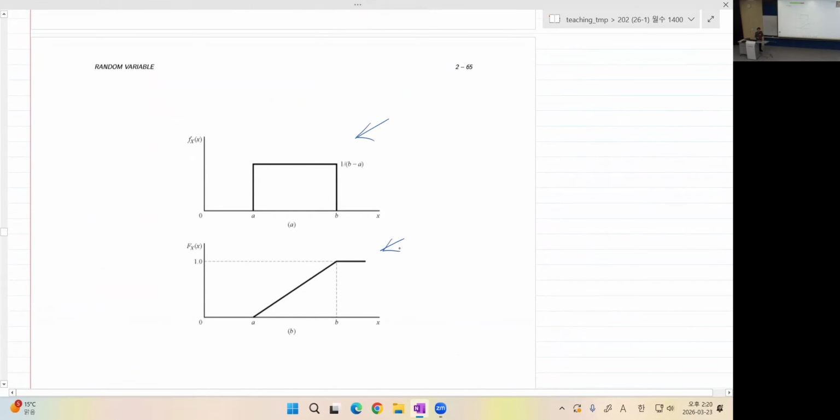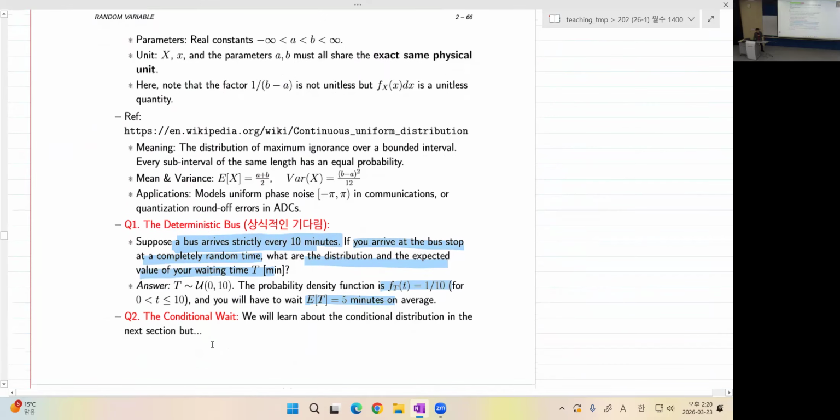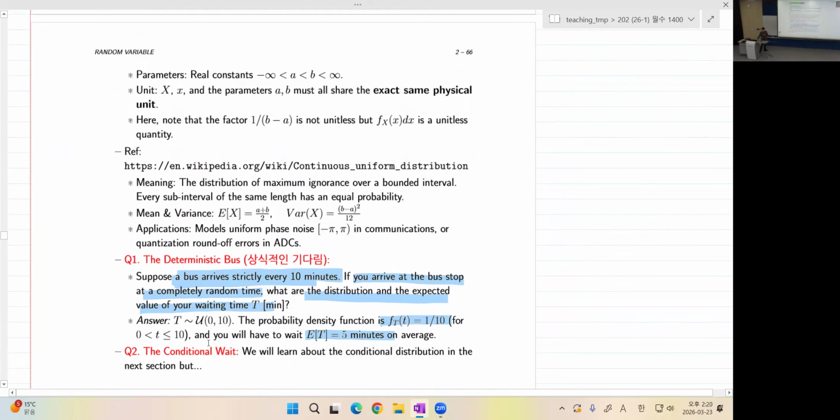The CDF is monotone increasing. And since we have no point mass at plus or minus infinity, we have this convergence to 0 and 1. And this is related to a kind of deterministic bus-type problem.